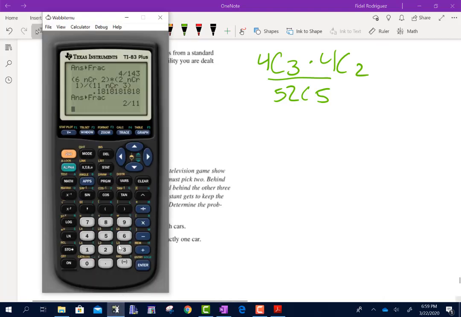Okay, so on my calculator, let me do that again. No, it won't.